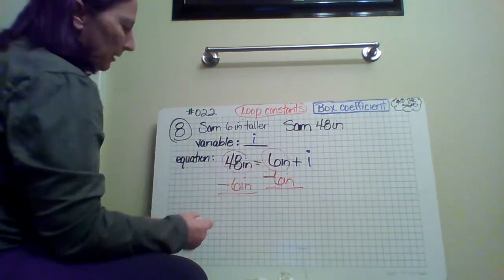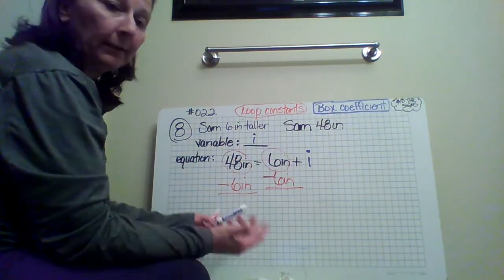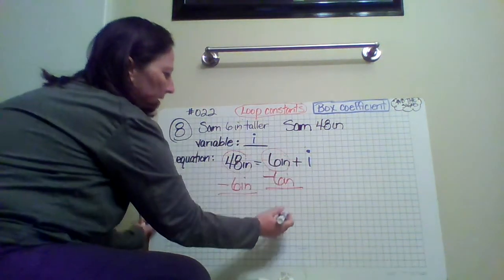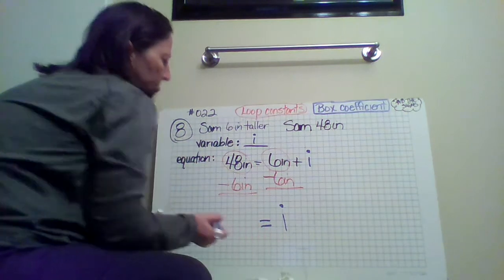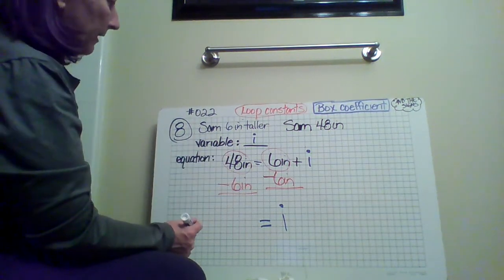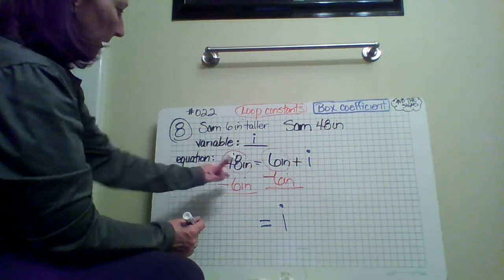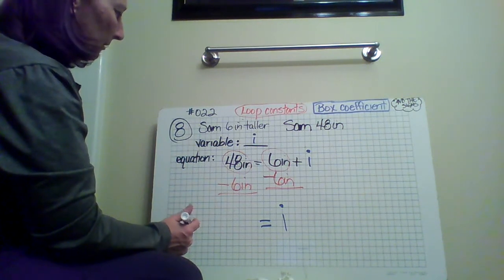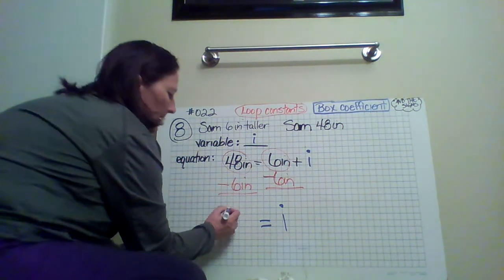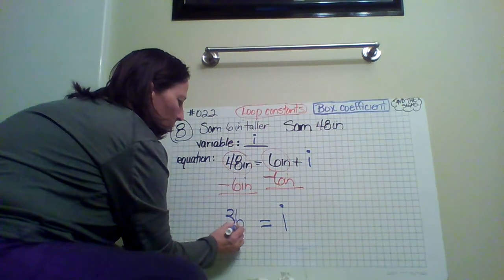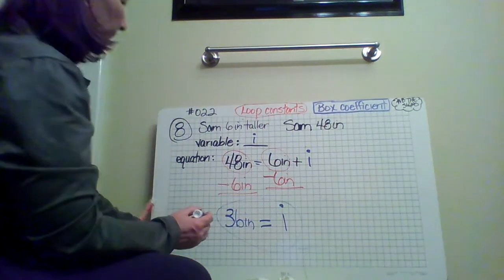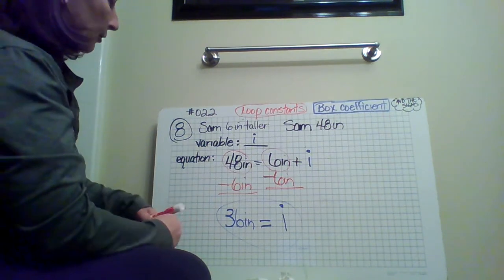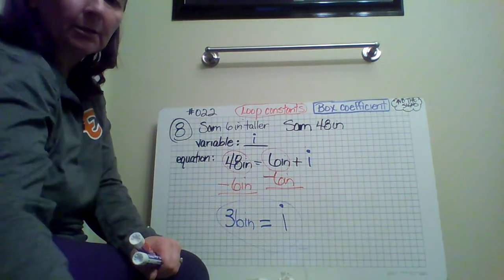So 6 inches, take away 6 inches, leaves me with 0. 0 plus the letter I just leaves me with letter I. And now on this side, I have 48 inches, take away 6 inches, which means Elijah is 36 inches tall.